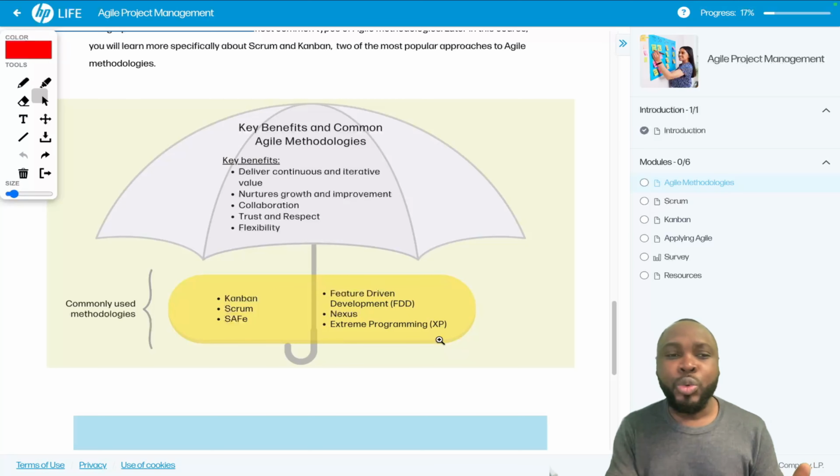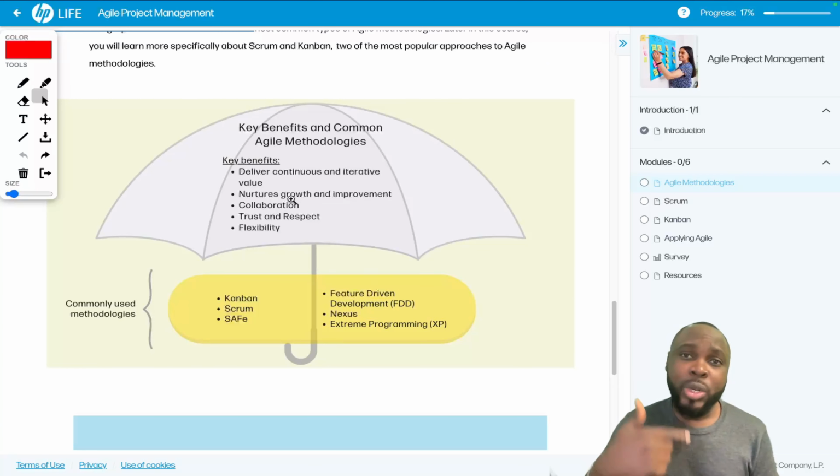Now look at the key benefits and common agile methodologies. Now the key benefit of agile is delivering continuous and iterative value. So you're delivering value iteratively and continuously. So the first sprint you deliver value, the second sprint you improve on the value, and you're doing that, and change will forever be happening.